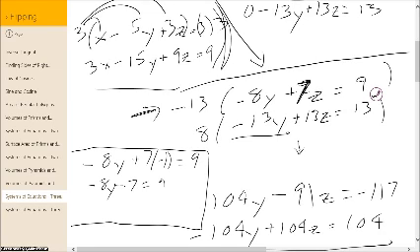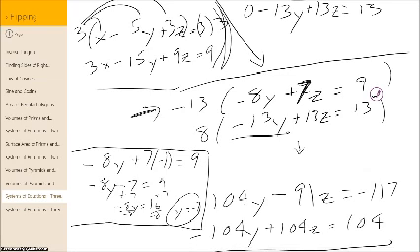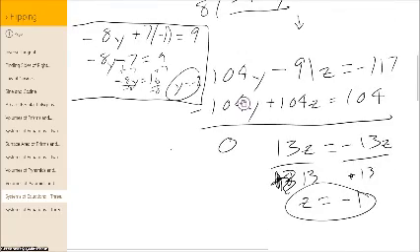There's y. I add 7 to both sides. I get negative 8y equals 16. Divide by negative 8, and then I get y equals negative 2. That's the second part of the solution. So I've got z equals negative 1, y equals negative 2.